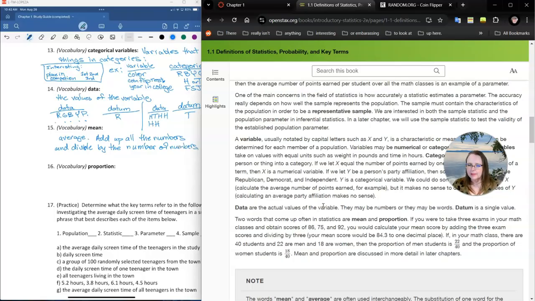But I think you know how to take an average. So if I add 3 numbers together, I divide by 3, that gives me the average. If I add 10 numbers together, I divide by 10, that gives me the average.